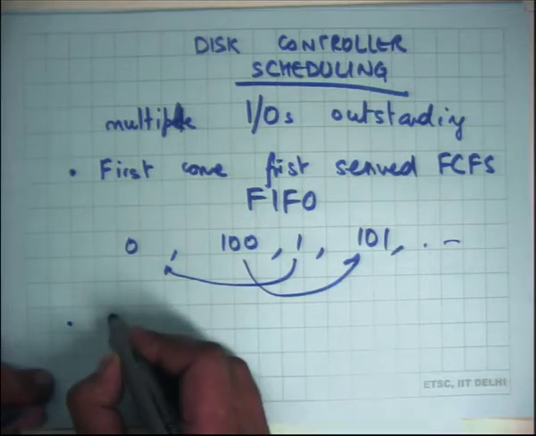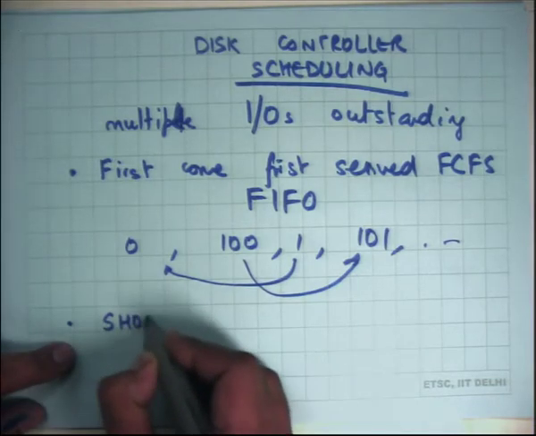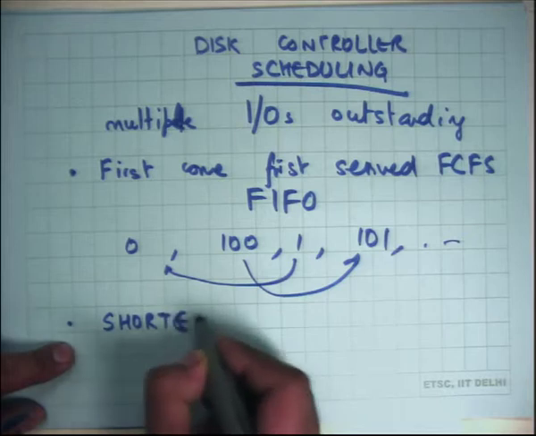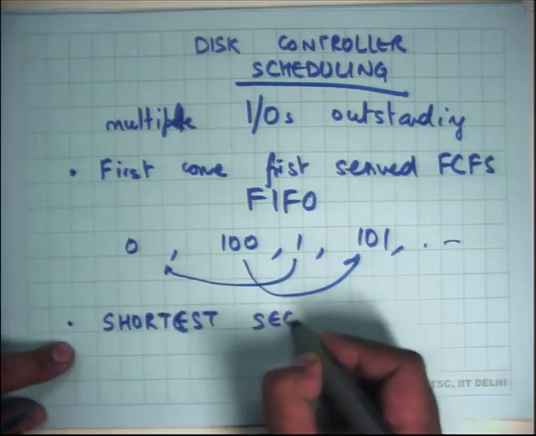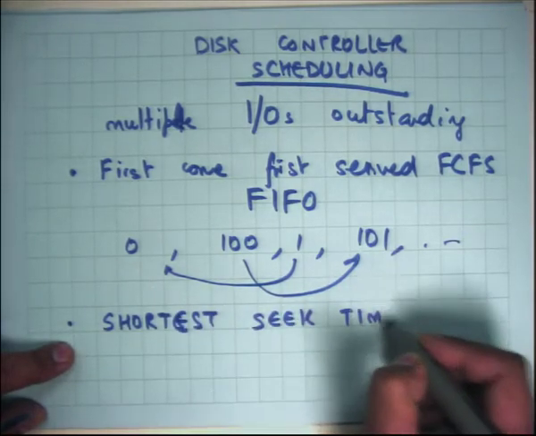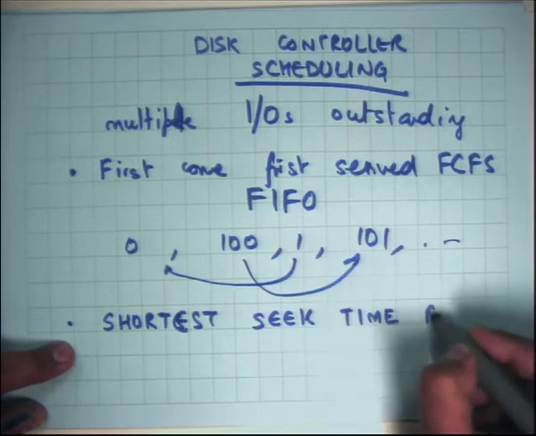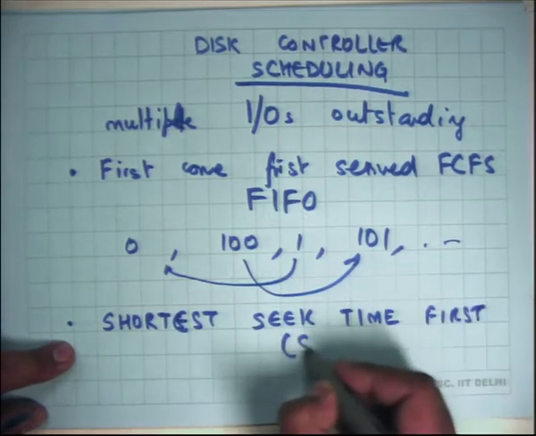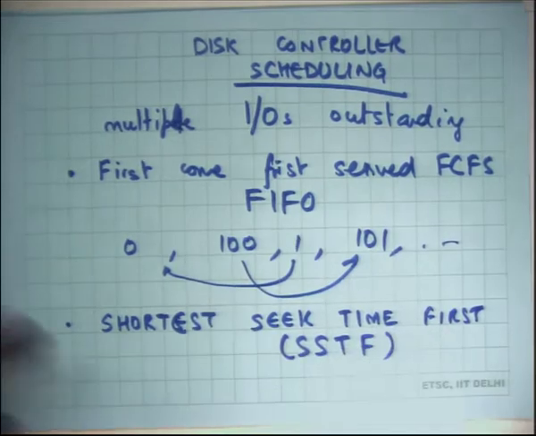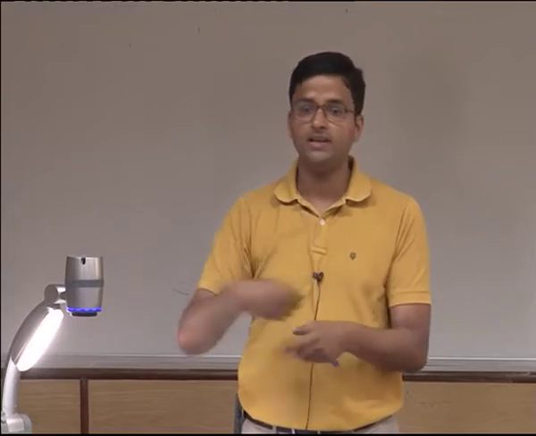The other thing to do is shortest seek time first, also called SSTF. Here the idea is, let's say I have n requests in my queue, I will compute which of them is closest to the current location of the head, and that's the one that I'm going to serve.